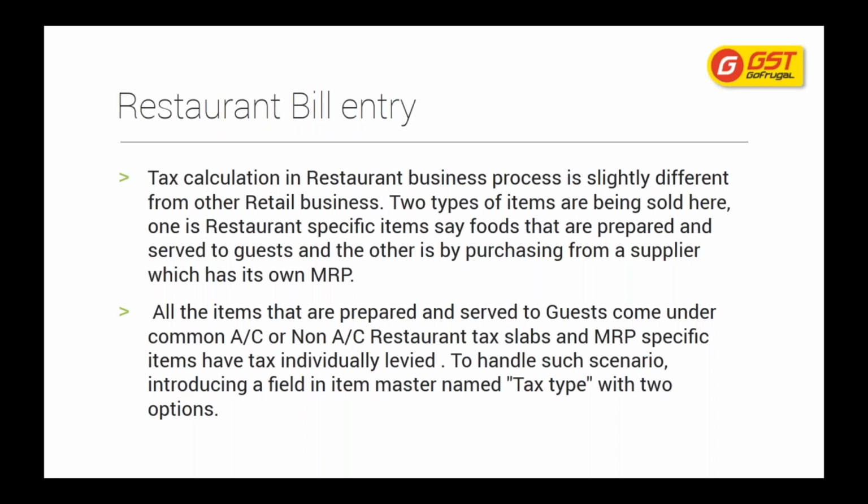So for that, GoFrugal has given you a better solution to maintain the restaurant bill entry transaction. Also, as per government norms, there are different types of GST for AC and non-AC restaurants. The tax slabs may vary. To handle this scenario, we have given an option in the item master, the tax type based on.